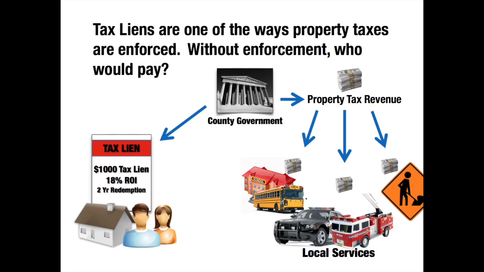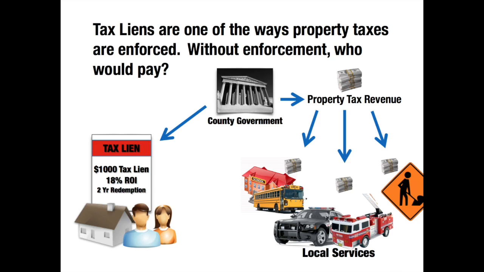So the county needs an enforcement system in place to ensure that people pay their property taxes, because the reality of it is, if there wasn't some kind of a penalty, if there wasn't a consequence for not paying property taxes, nobody would do it. So tax liens are an enforcement method, and they are one of those three. The idea behind it is quite simple.